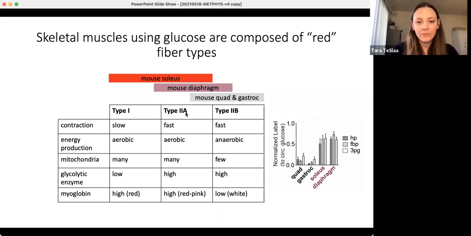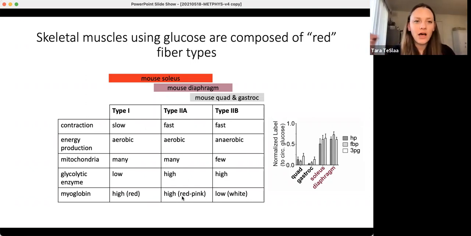The mouse diaphragm, which labels very similarly to the soleus, does not have a lot of slow twitch fibers, but has a lot of fast twitch fibers that are also high in mitochondria and myoglobin, which are these type 2A fibers.